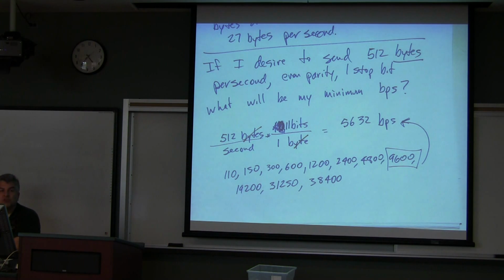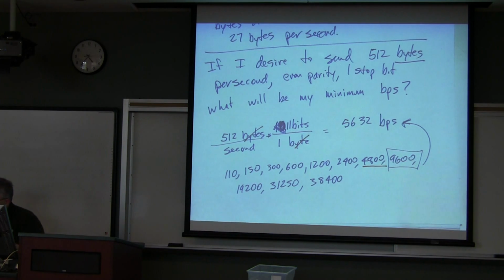By the way, most GPSs, when they're transmitting, are sending at 4800. Why do you think they communicate so slowly? Any guess?